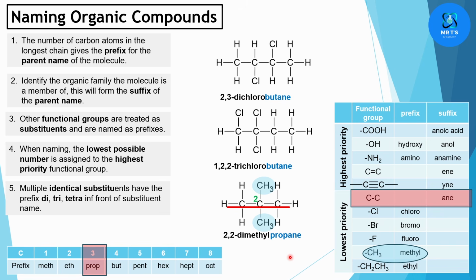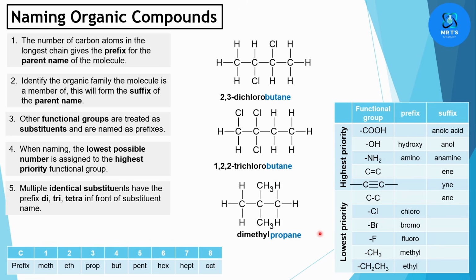So actually it's okay not to put the numbers here, because we couldn't attach the methyl groups to the front of the molecule because it wouldn't be a propane anymore, it would be a butane. So often when it's self-evident where they are, we don't have to write the numbers. So in this case, it's just called dimethylpropane. Now, if you find that you're not sure about when to do that, don't worry about it. If you put the numbers, you won't be wrong.